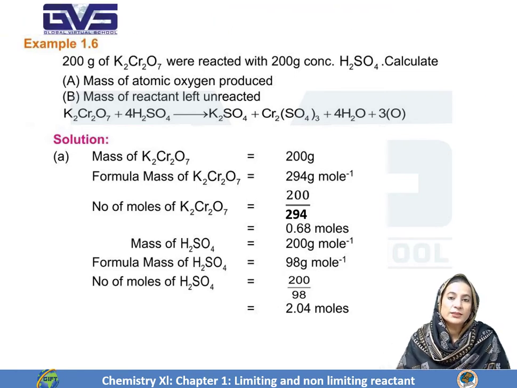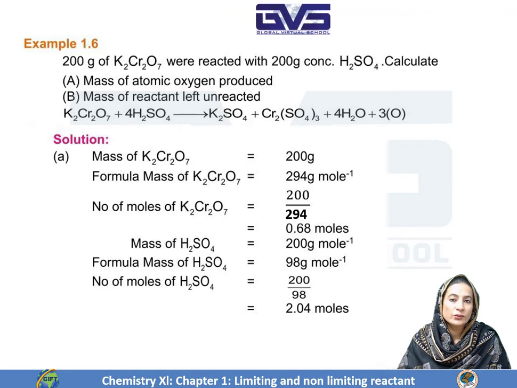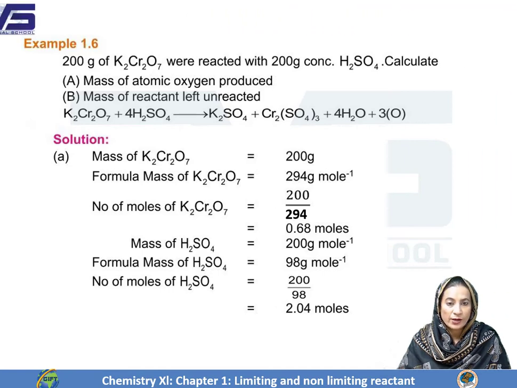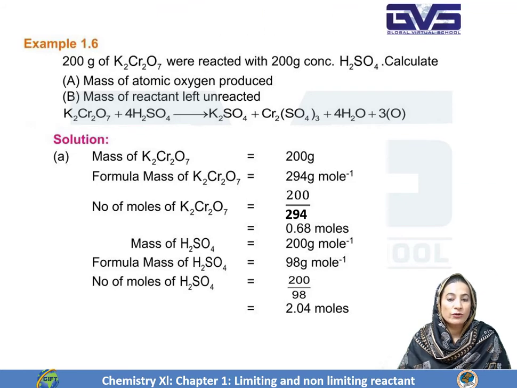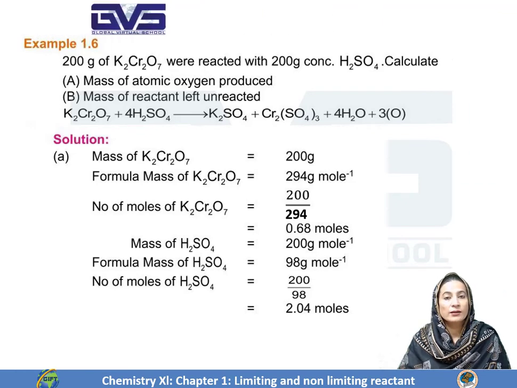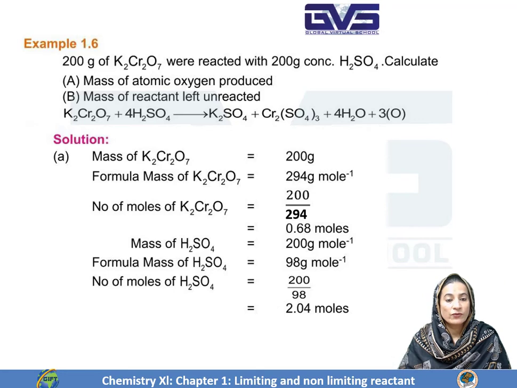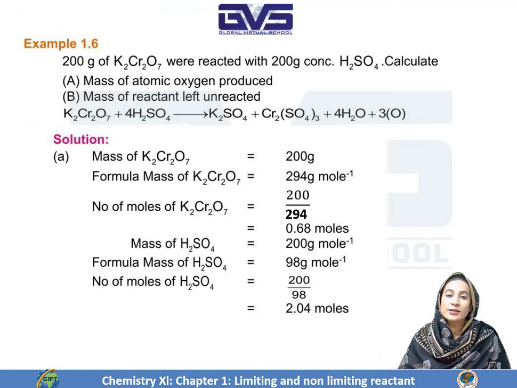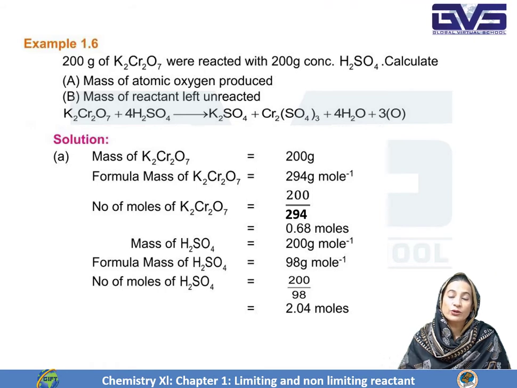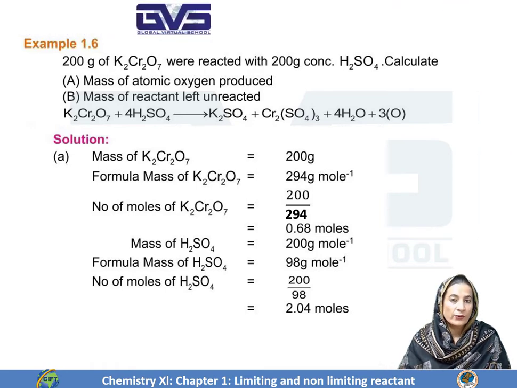So the question is: 200 grams of K2Cr2O7, that is potassium dichromate, were reacted with 200 grams of sulfuric acid. Calculate two things: mass of the atomic oxygen produced and the mass of reactant that is left unreacted. So mass of non-limiting reactant you have to calculate.